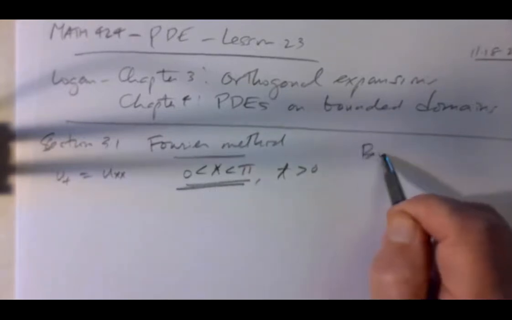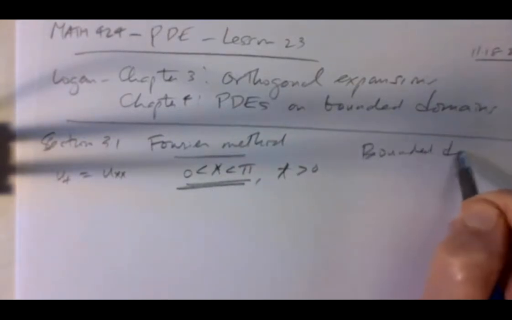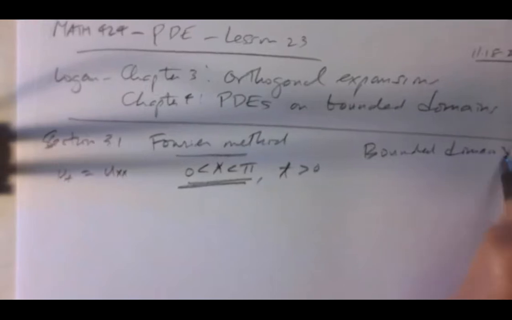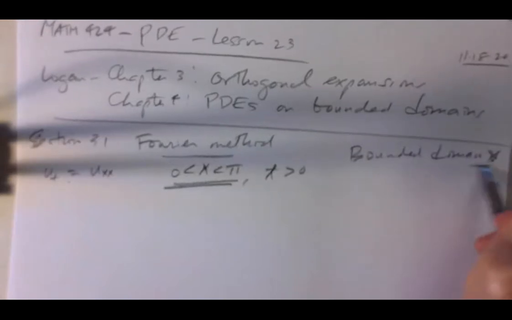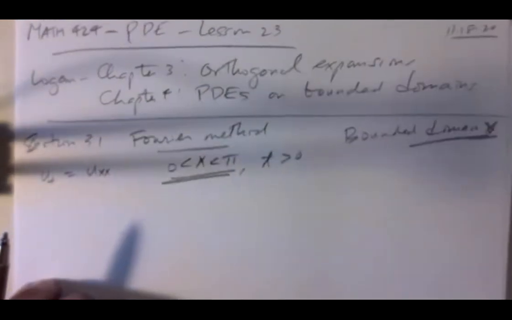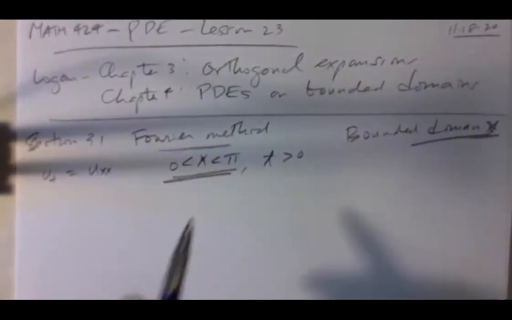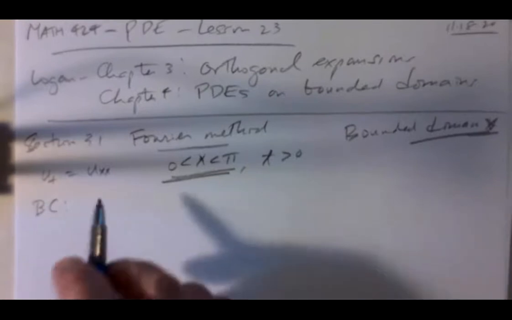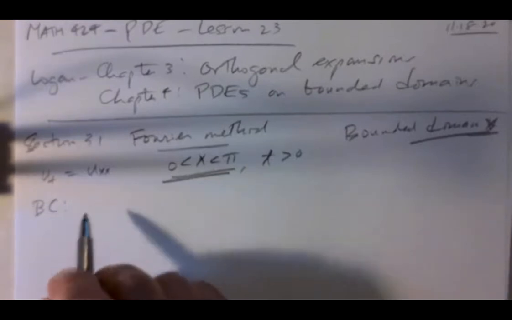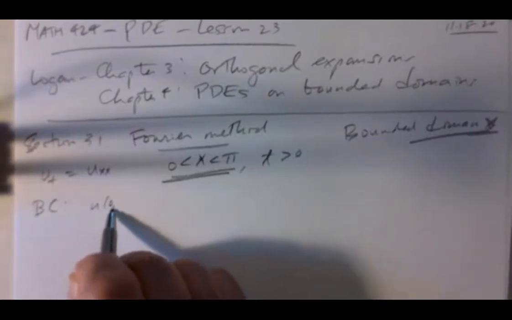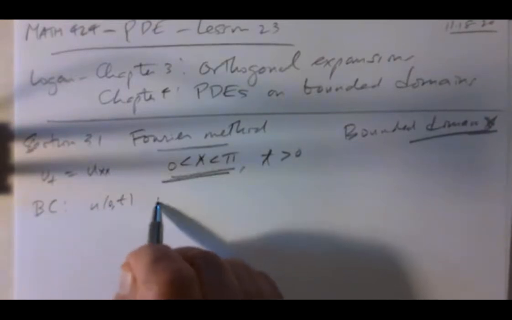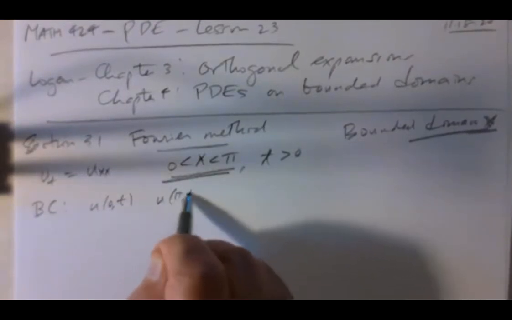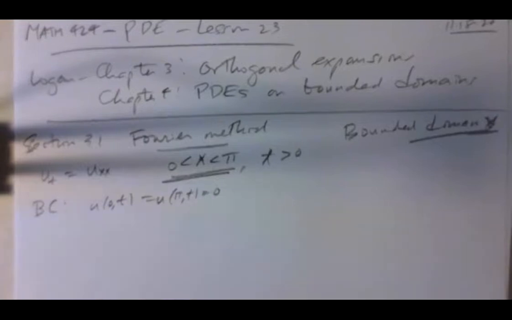So we have a bounded domain for x. And let's say we have some boundary condition, which is that at the ends, u at x equals 0 and at x equals pi, for all t, we get 0.